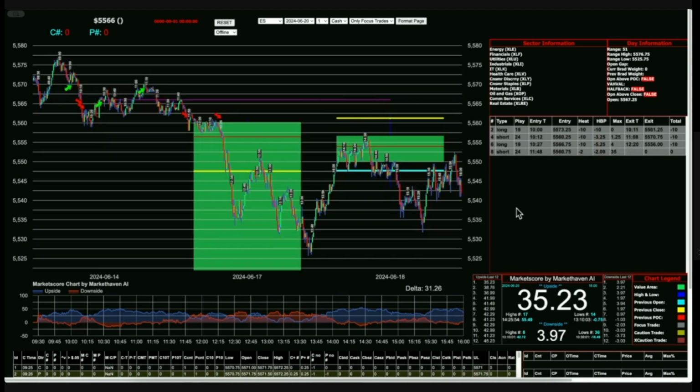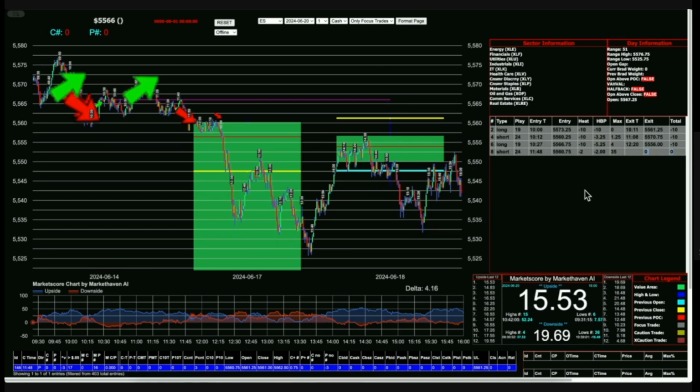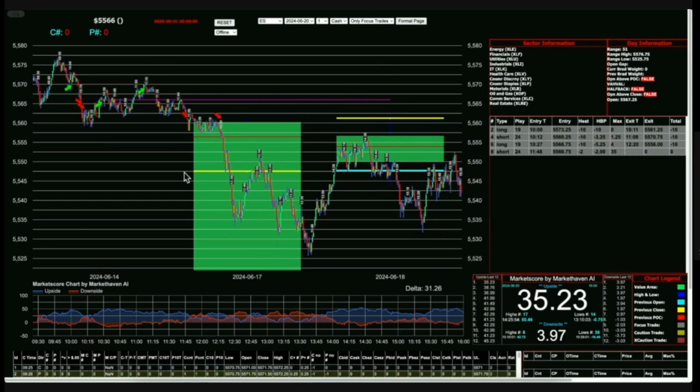If you're taking these trades multiple times, this 35 points, I think on this day, this is day 3, you're only getting 15 points out of this trade, just because in order to get that full 35, you have to get in way over here and hold it all the way until down here.